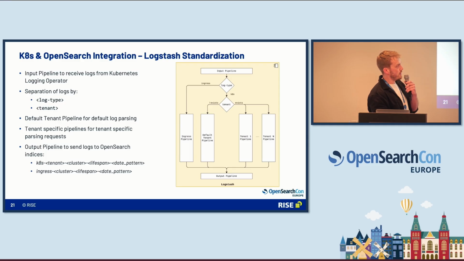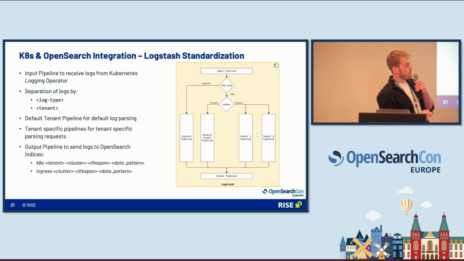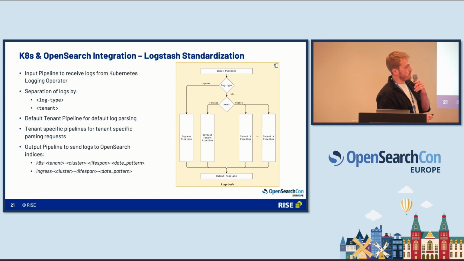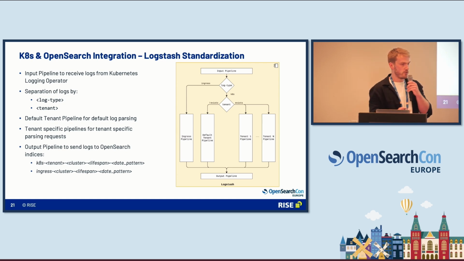If we're dealing with Kubernetes logs, we know that the logs originate from tenant applications. So at this point, we still don't really know what the log parsing is going to be like. For this purpose, we have one default tenant pipeline, which just does the basic parsing, like JSON in JSON parsing, for example.